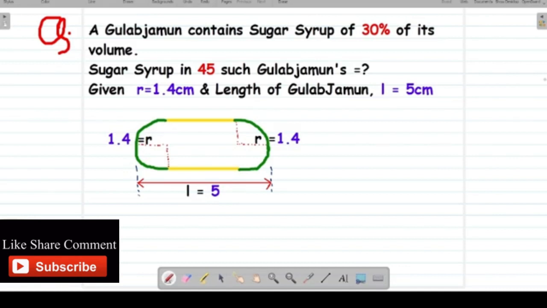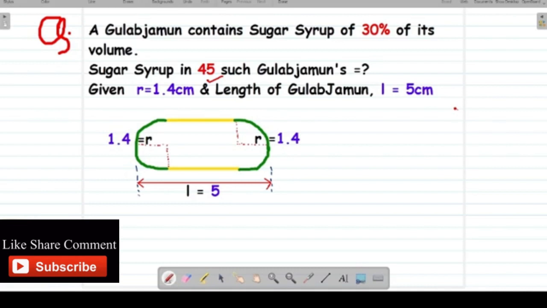So we will calculate the volume of the given solid object, then take 30% of that to get the amount of sugar syrup it contains. In the second step, we will calculate for 45 such gulab jamuns. Here r equals 1.4 centimeter and the length of the gulab jamun equals 5 centimeter.